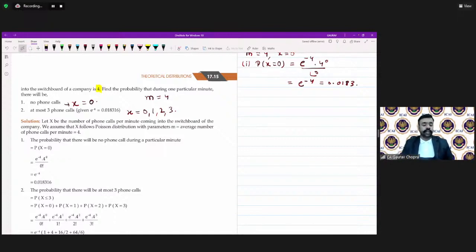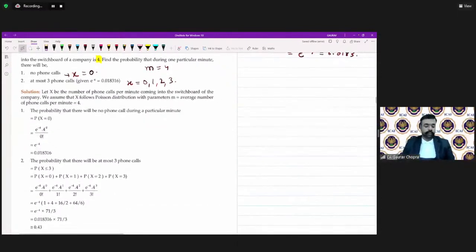And here also you can take common e to the power of minus 4. And after taking common, your calculation becomes very easy. All right. Yes, Kanishka has got the answer 0.43. 0.43 is correct.